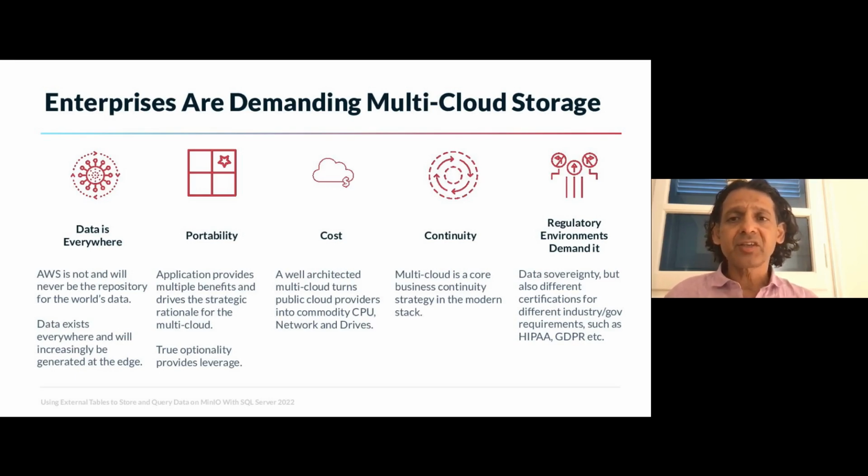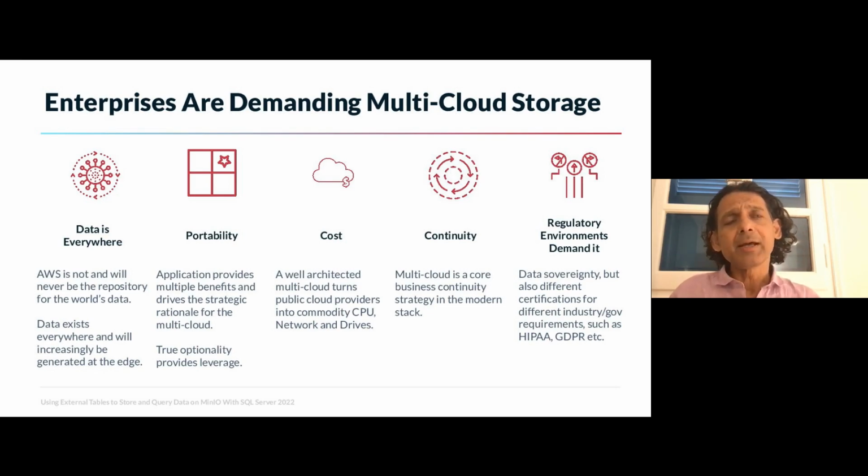Portability is another reason why enterprises are demanding multi-cloud capabilities. Cost is a core reason as well, because sometimes it is much more cost efficient to leverage a particular cloud provider or on-prem capabilities, and sometimes it may be different. So your ability to leverage any and all is a key thing.